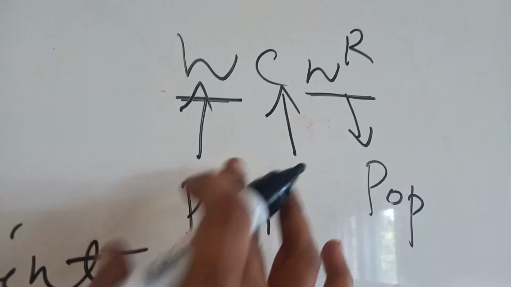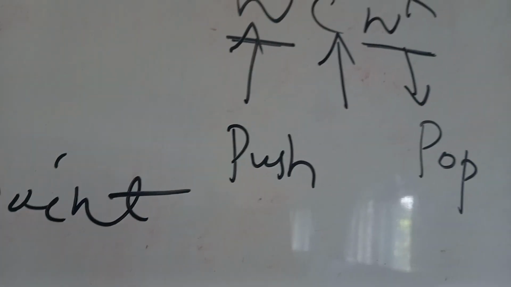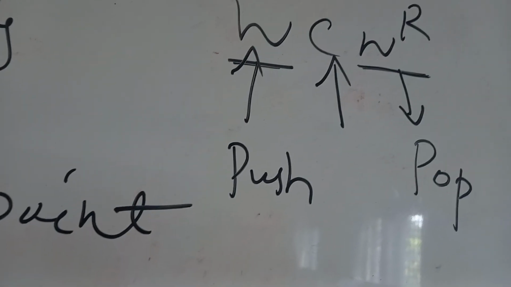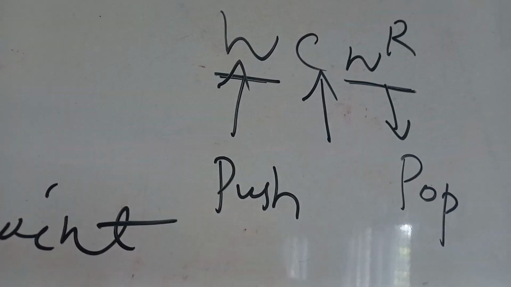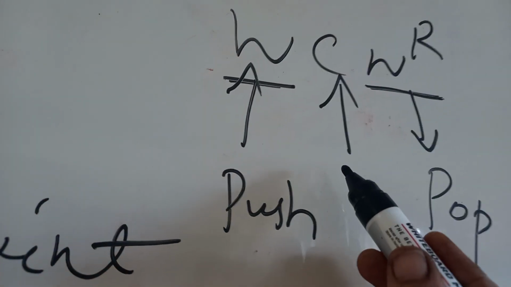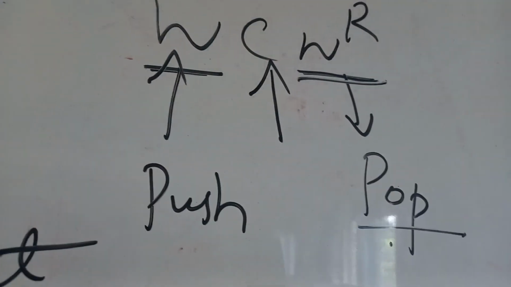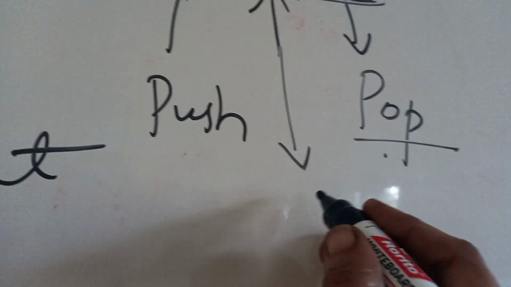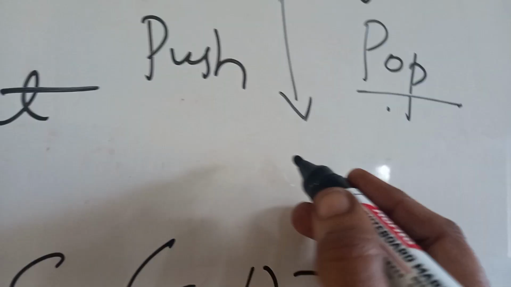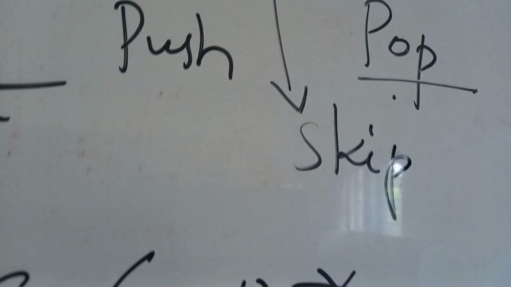So for W we will keep on pushing onto the top of the stack until we encounter C. Once we get the middle point C, we will perform the pop operation. That pop operation is for W to the power of R. And for the middle point C, we are not performing any operation, either push or pop, we simply skip it.